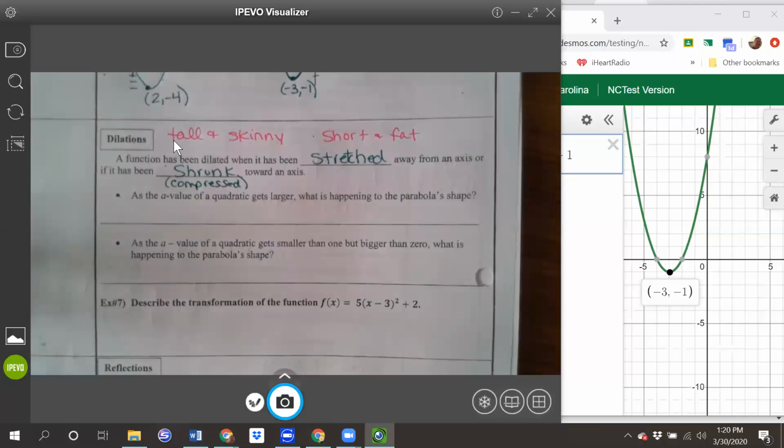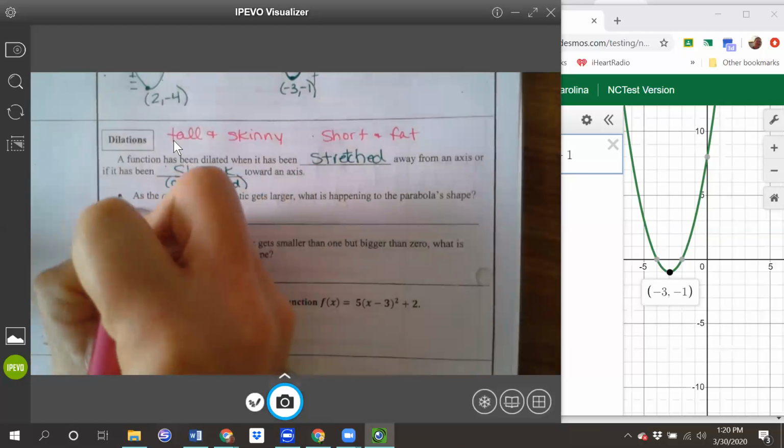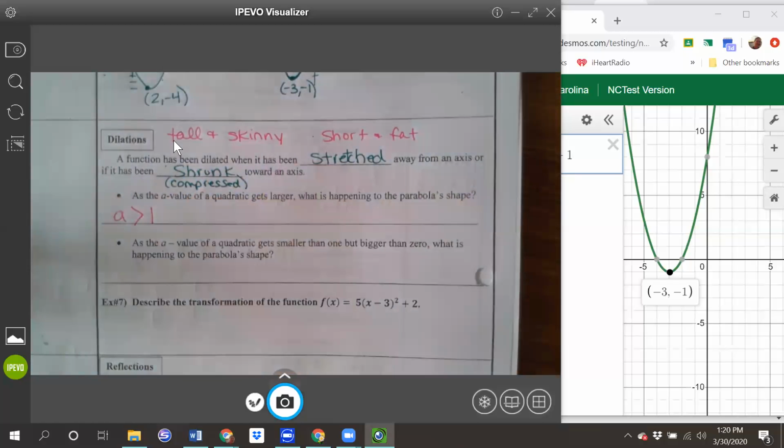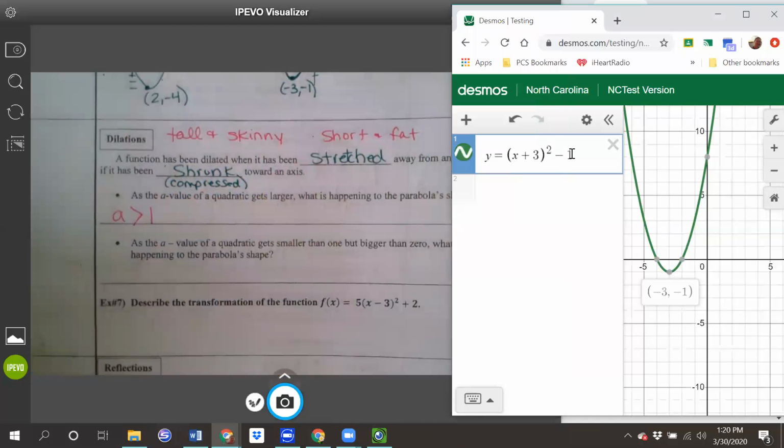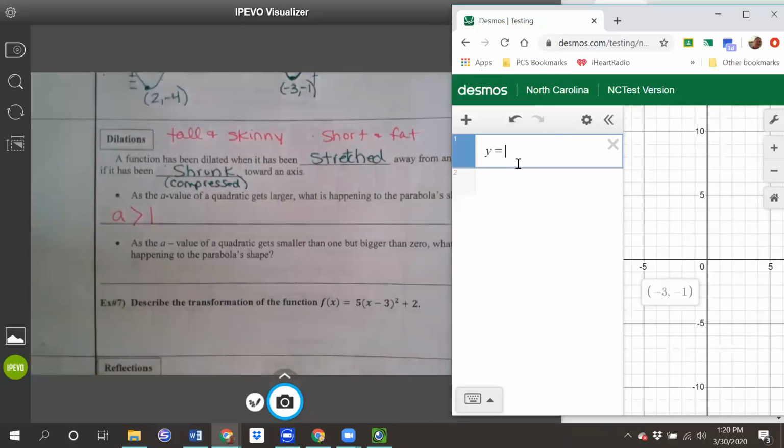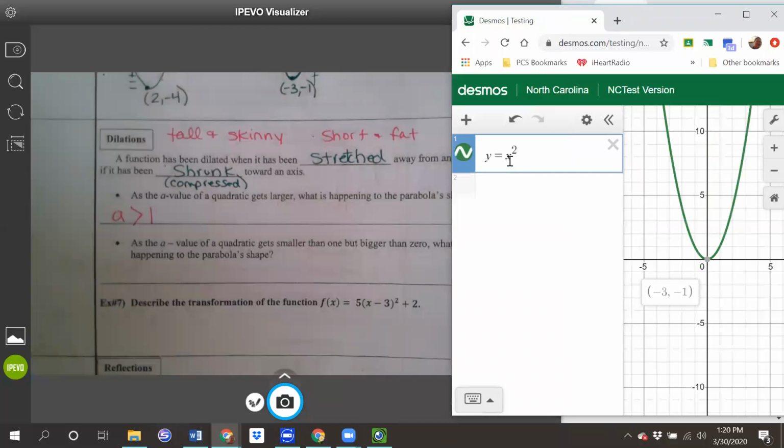So if I make my A value big, so if I make my A value greater than 1, I want us to watch and see what happens to the graph. So let me just go back to an x squared, and I'm just going to start playing around with the A value.